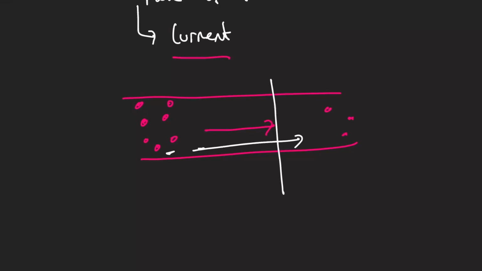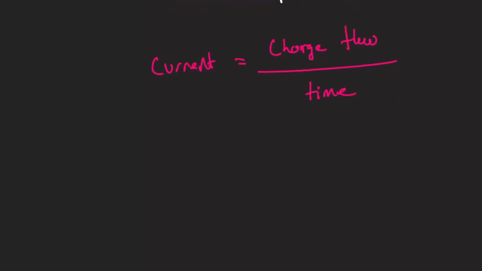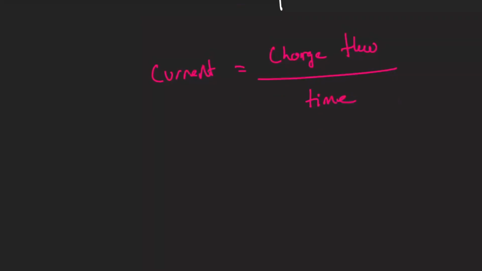And so to work out the current, we can put this in terms of an equation. The current is equal to the charge flow divided by time. Hopefully that now makes sense from the way we explained it before. This equation is just naturally what we said in words in the form of an equation. You can rearrange this equation to get a form that you will find on your equation sheet.